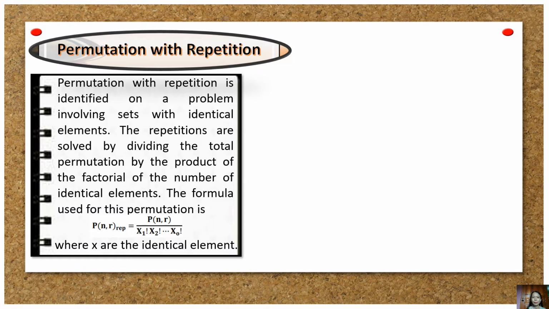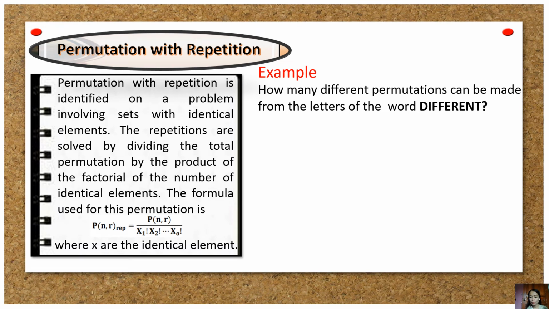Example, how many different permutations can be made from the letters of the word different? D-I-F-F-E-R-E-N-T. So we have 9 total letters from the word different.